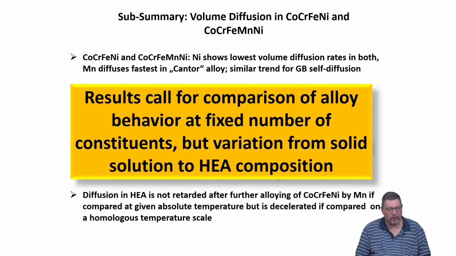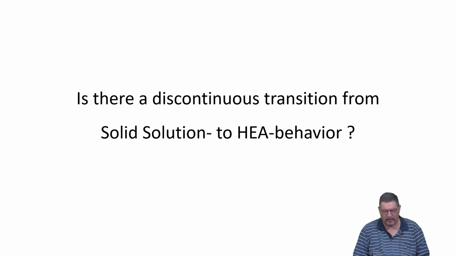So this is why we now go to a comparison where we always have 5 components in the system, but we vary the composition from dilute solid solution to equimolar high entropy alloy. And ask the question, is there a discontinuous transition from solid solution to high entropy behavior?